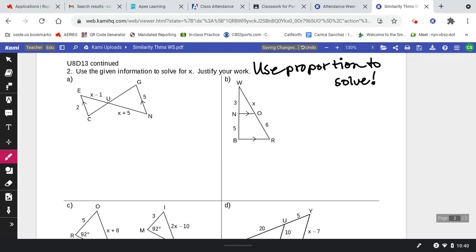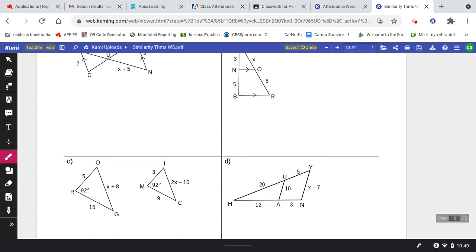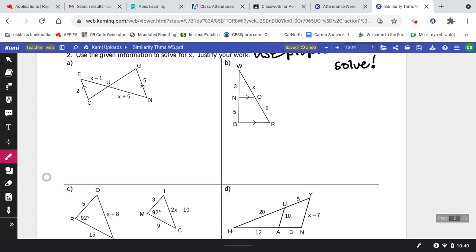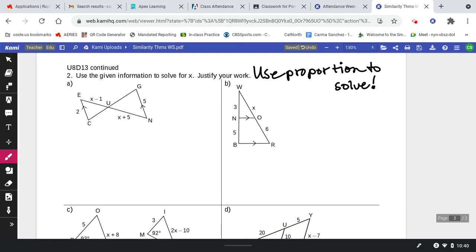So we're going to use a proportion to solve for x. So let's first prove that they're similar. Now, looking at the first triangle, do you see these marks right here that mean parallel? When we have parallel lines like that, we know we have alternate interior angles.